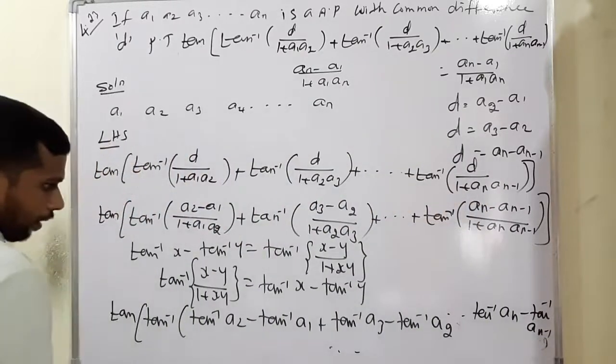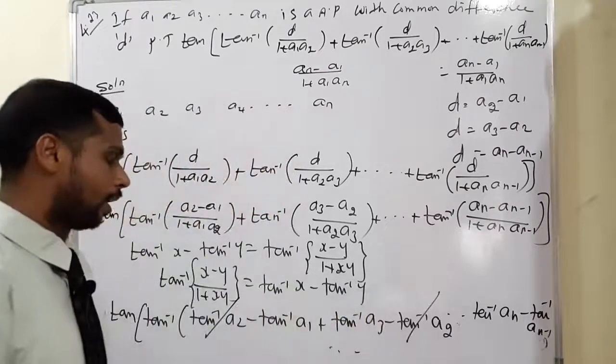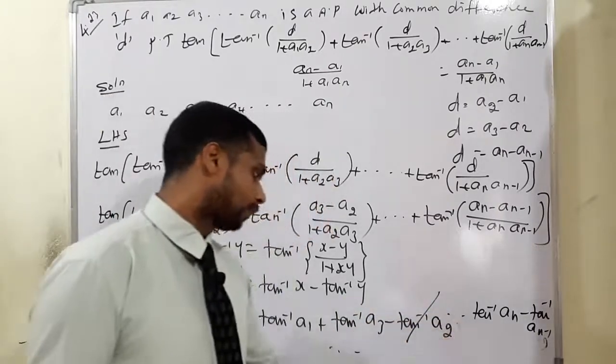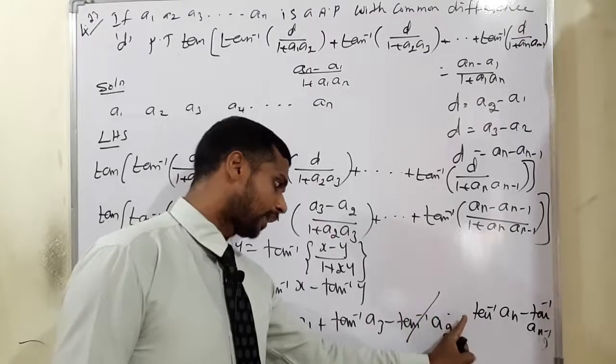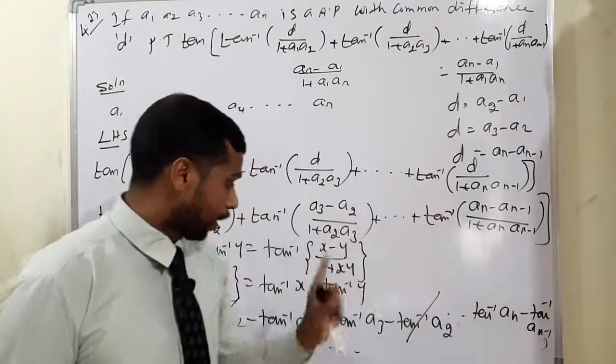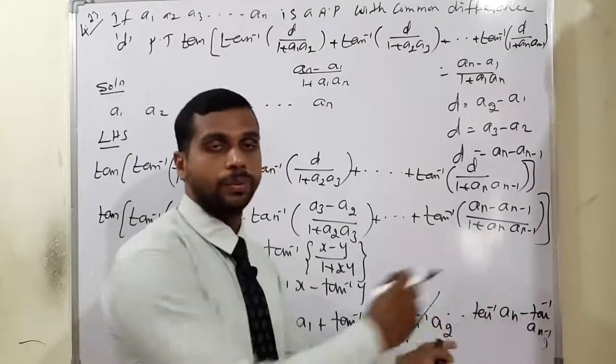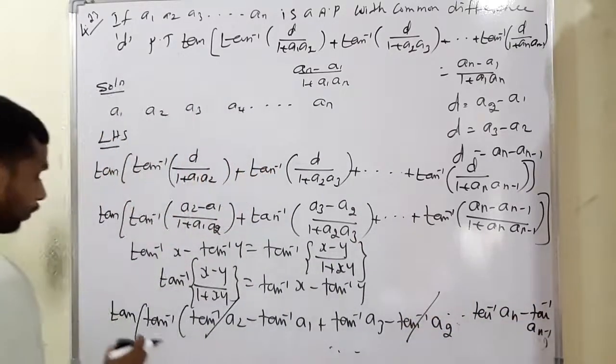Look at the terms: positive tan inverse a2 and negative tan inverse a2 cancel. Next, positive tan inverse a4 minus negative tan inverse a3, positive tan inverse a3 and negative tan inverse a3 cancel.